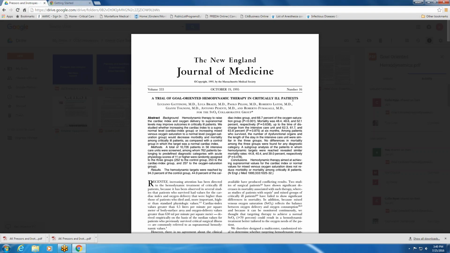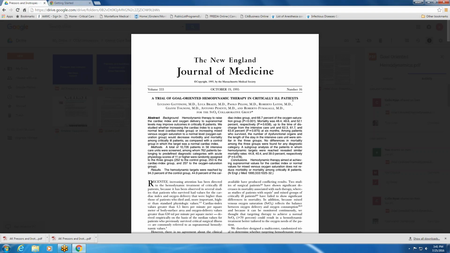The supernormal groups were attempting to achieve increased cardiac indices or increased central or mixed venous oxygen saturations. A huge study, 10,000 patients were screened and 760 enrolled, and patients were mixed between septic or distributive and cardiogenic shock states.